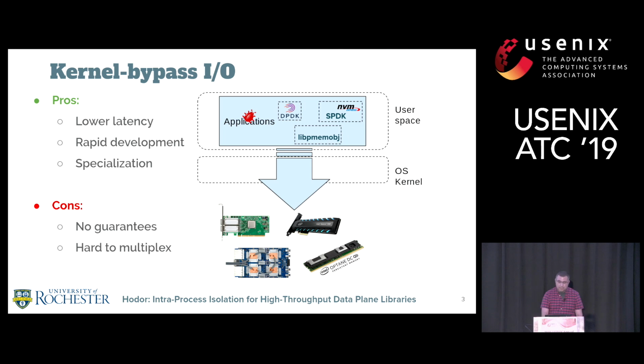So the problem is that if data plane libraries are simply mapped into the user space application's address space, the lack of isolation means that any guarantee that these libraries are providing is effectively void. A vulnerability, like a stray pointer in the main application, can corrupt the state that is maintained by these libraries.